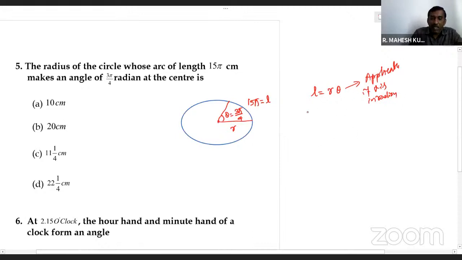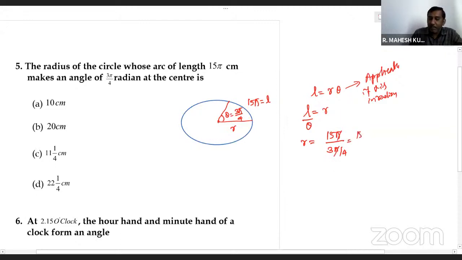So now L is equal to Rθ. R you are supposed to find out. So R is equal to L divided by theta you can write. So R is equal to, what is L here? It is 15π divided by theta, which is 3π divided by 4. So you can simplify this. Pi cancels with pi.